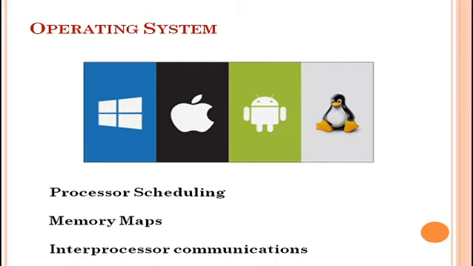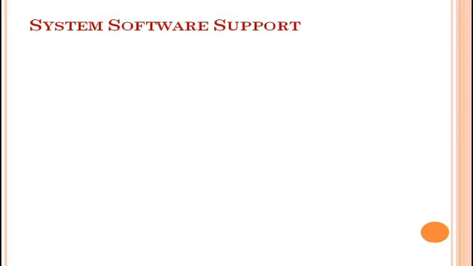Now coming to the system software support, a system software which supports the operations of a computer, and system software like compiler, loader, linker are examples. System software is needed for the development of efficient programs in high level languages.